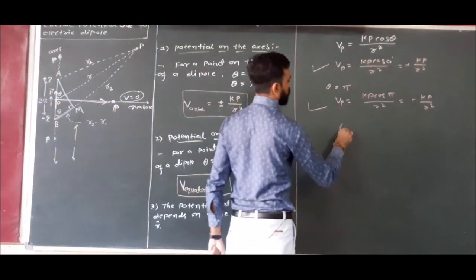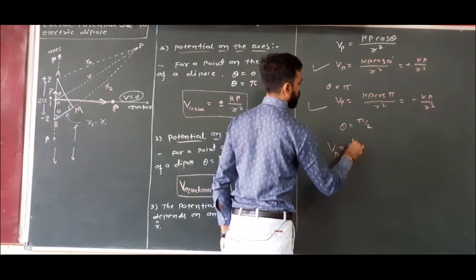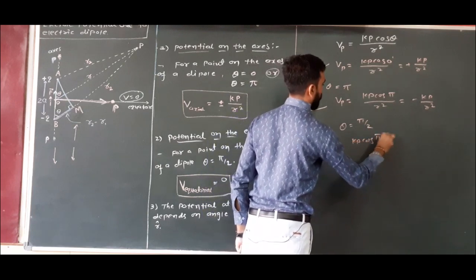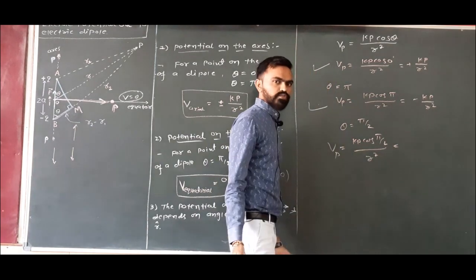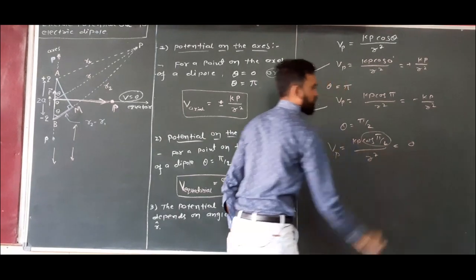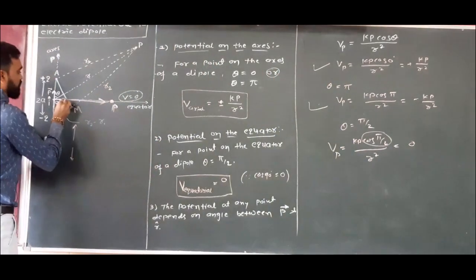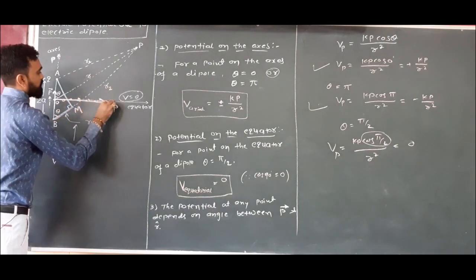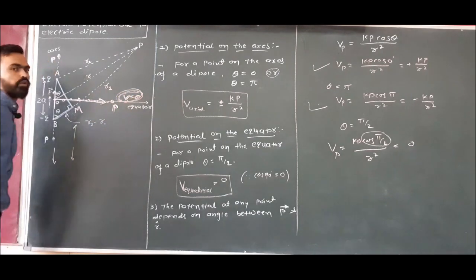When theta is equal to 90, your potential at the point P is equal to Kp cos pi by 2 upon r square. Cos pi by 2 means 0. So your potential becomes 0. That means at any point on the equator, potential is 0.